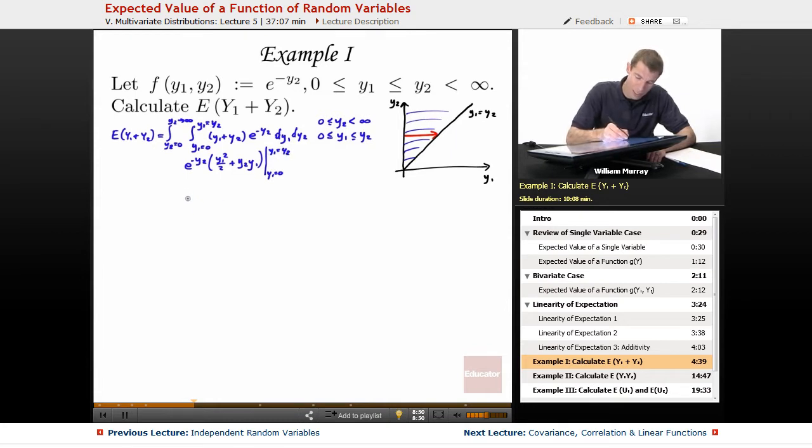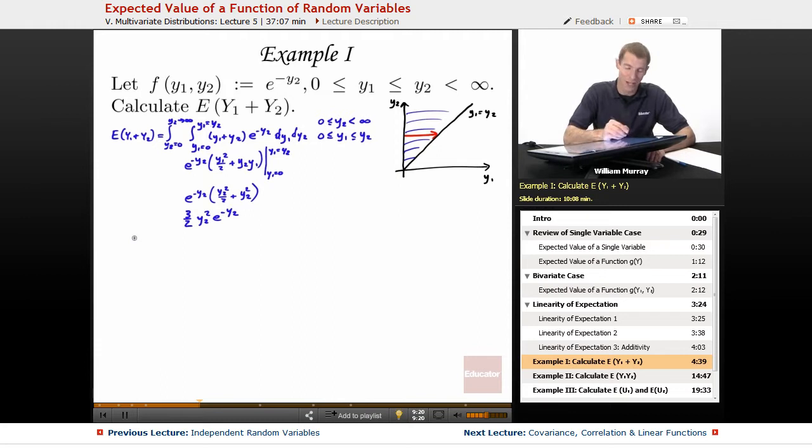And so I'll get e to the negative y2, and if I plug in y1 equals y2, I'll get y2 squared over 2 plus y2 squared. And I see I can combine those into 3 halves y2 squared, e to the negative y2.